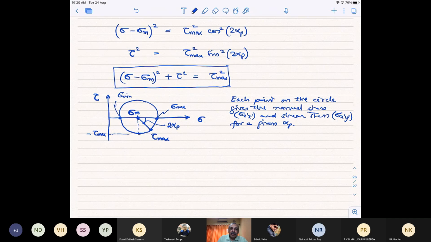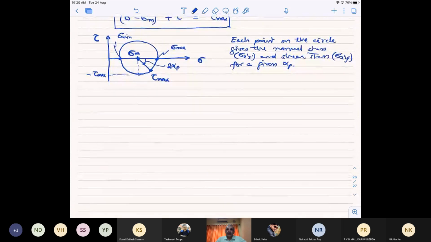So now we have a pretty good understanding of what happens if you look at any point in whatever the material is. As you change the plane on which you're calculating the stress, it is going to keep changing, and you'll have some maximum stress, minimum stress, and so forth. But for frictional materials, now is where the property of the particles and granular materials come in.